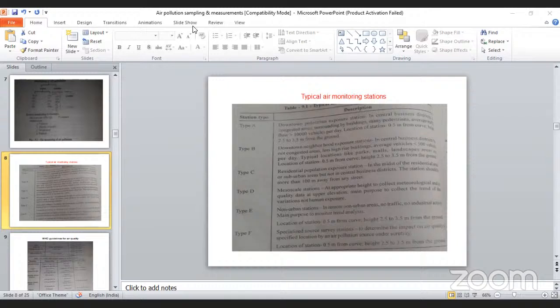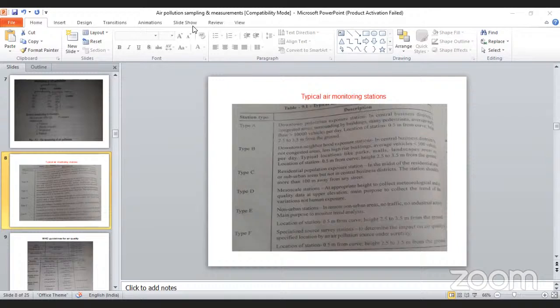When we are handling this, the pollutant is transported from the air to the collection medium. It should not alter the condition. The manifold should not be very long. When it goes from source to the collection medium over a long length, there can be loss, and from an energy point of view, wastage of power.